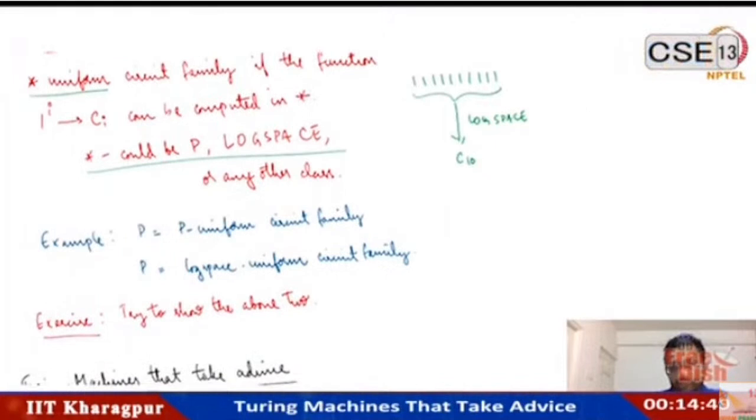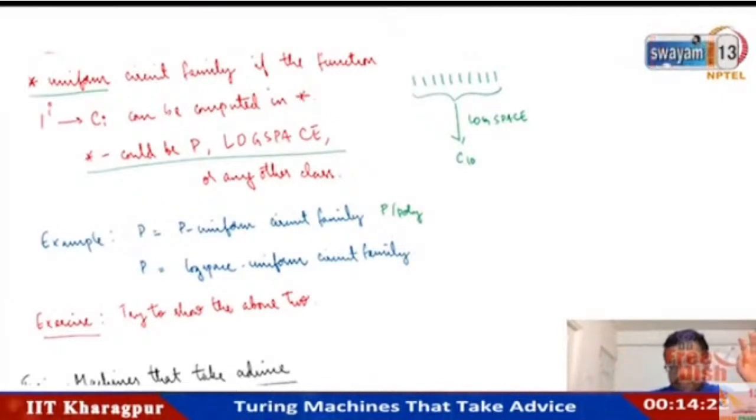So for instance, if you have a P uniform circuit family, first think of P uniform P/poly. Okay, so you have polynomial sized circuits that are generated by a P uniform function, meaning there is a function that takes as input the length of the input of the circuits and generates the circuit description, right?